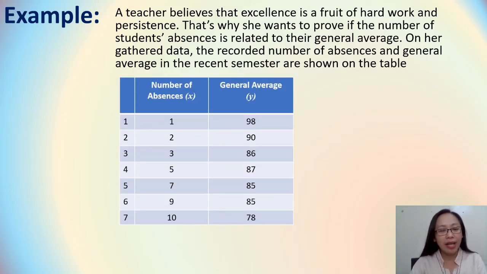As you see on the table, we have here 7 pairs of data. The number of absences is represented by X in this column, and the general average is represented by Y in this column.